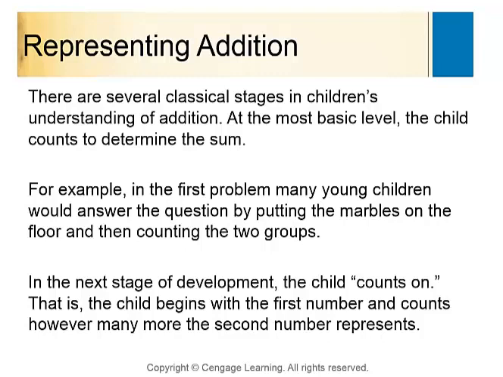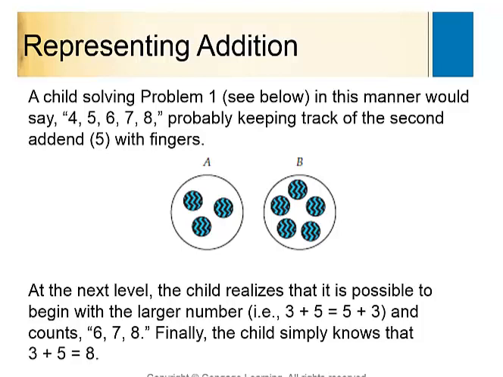Afterwards, when they count on, they could say, okay, this group has 5 in it, so now I can just start at 5 and go 6, 7, 8 to get to the next one, and that's counting on. And here's a visual for those 2 different methods or 2 different stages of a child's learning. The first one, getting those 2 groups together and then adding them, and then afterwards counting on.